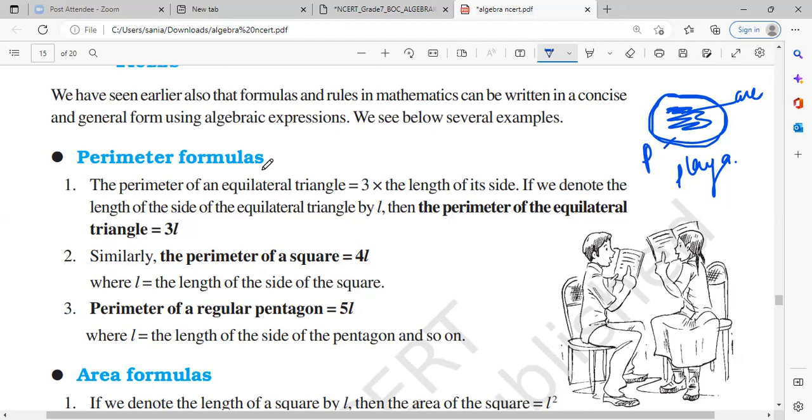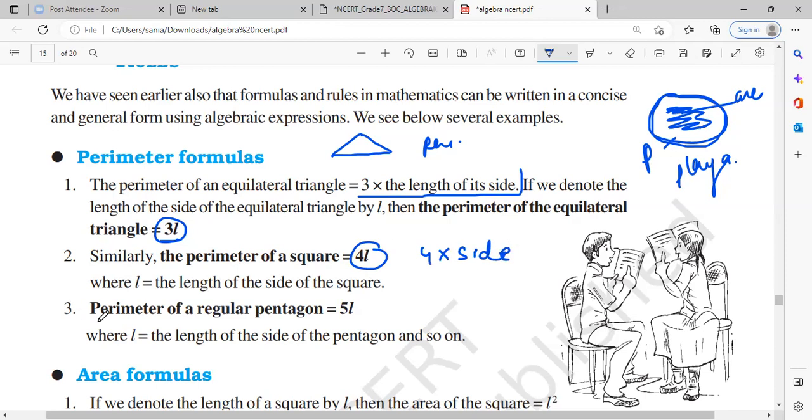So perimeter formulas first of all. For example, you have an equilateral triangle. Equilateral triangle means it has all the sides equal. So what will be the formula? If you have to find the perimeter of an equilateral triangle, it will be 3 into the length of its side. Or you can write it like 3L. Then the perimeter of a square is 4L, like 4 multiplied by side.